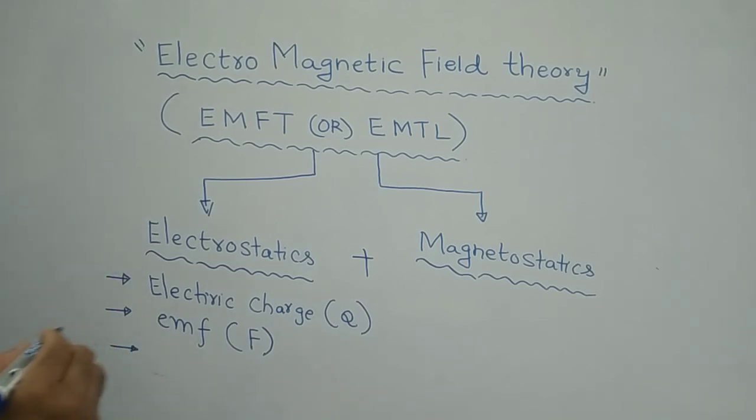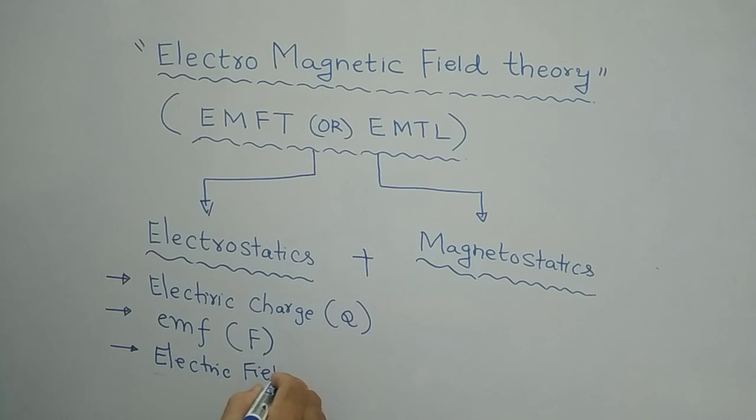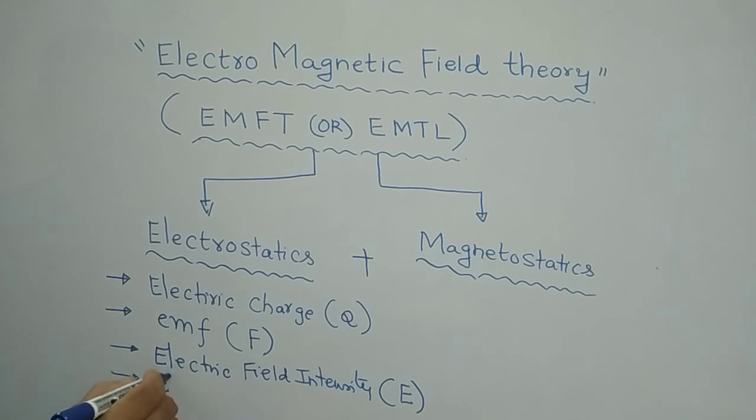And then the third one is electric field intensity, denoted by the letter E. And then electric flux density, denoted by the letter D normally.